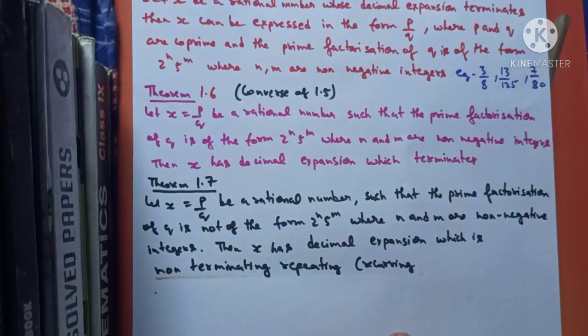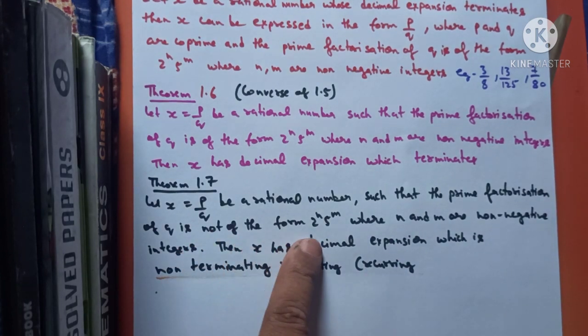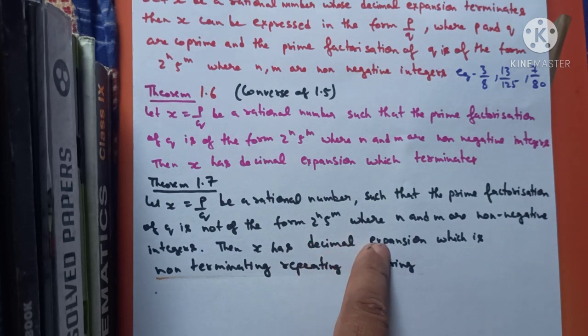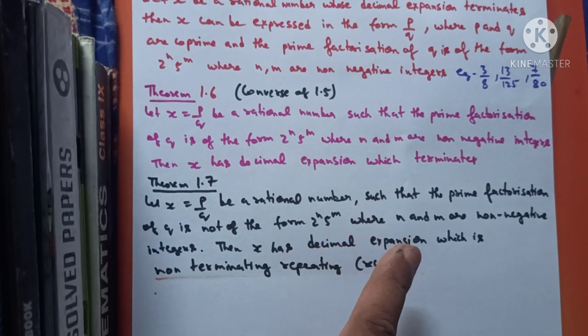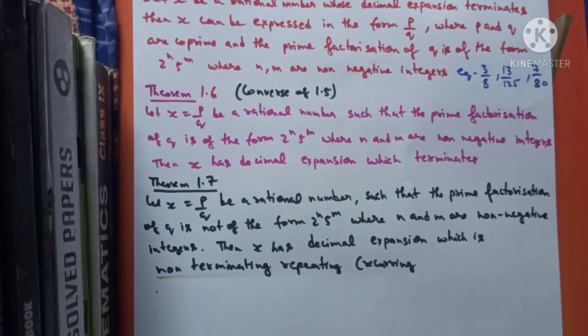And theorem 1.7 states that if a rational number p by q is not of the form 2 power n into 5 power m, then its decimal expansion is non-terminating repeating. It is not a terminating decimal expansion.